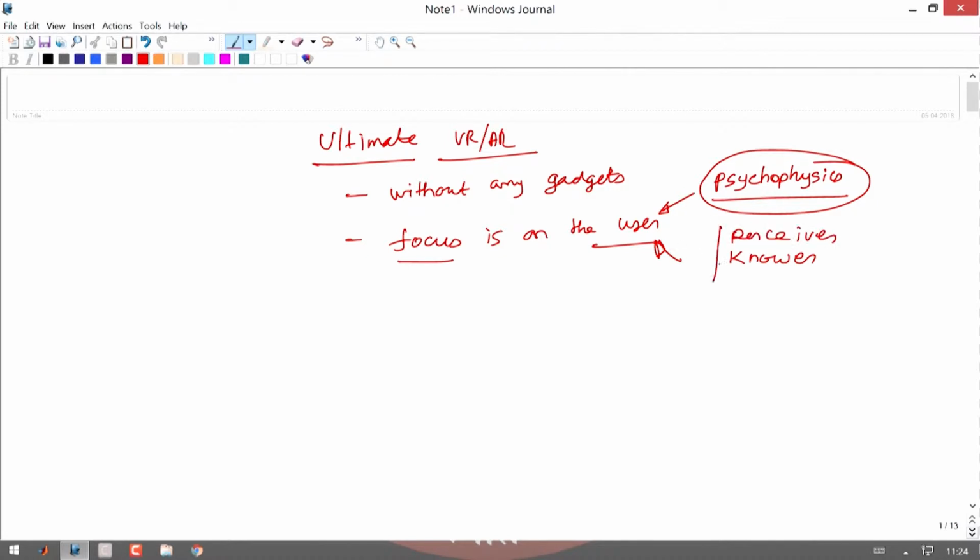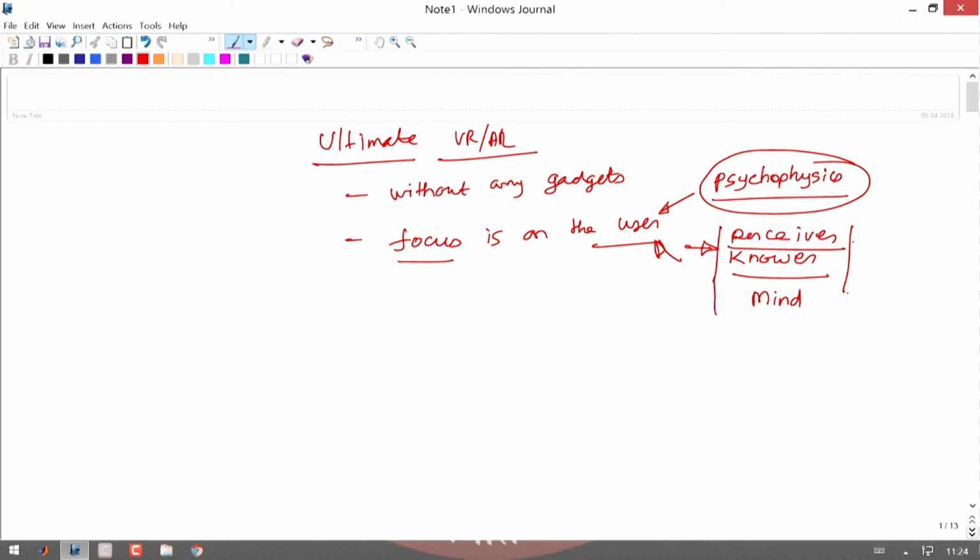The whole set of gadgets and techniques we have learned in this course is for the perceiver. There is a perceiver in you, there is a knower in you, and we have designed the entire gadgets for this knower, for this perceiver. And this perceiver or knower is also called the mind.